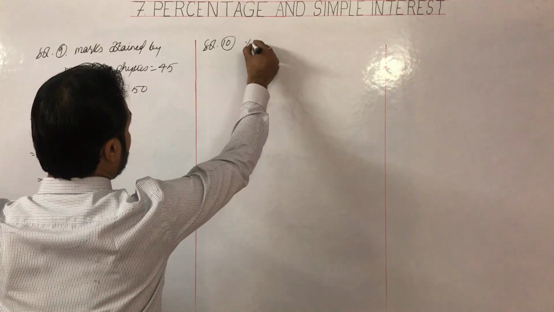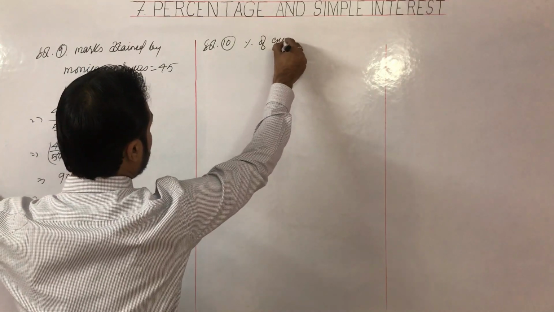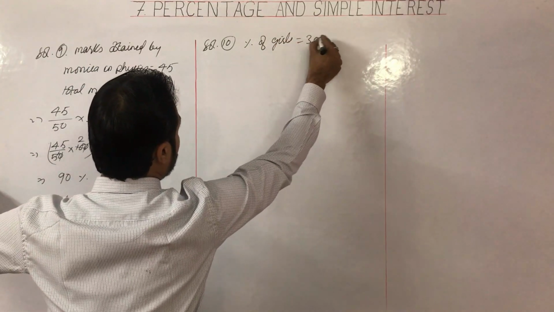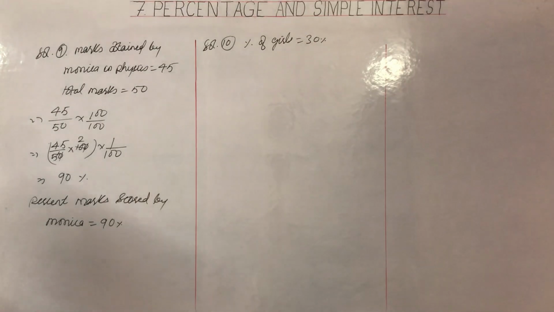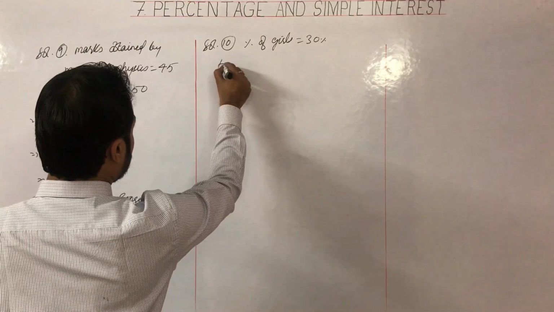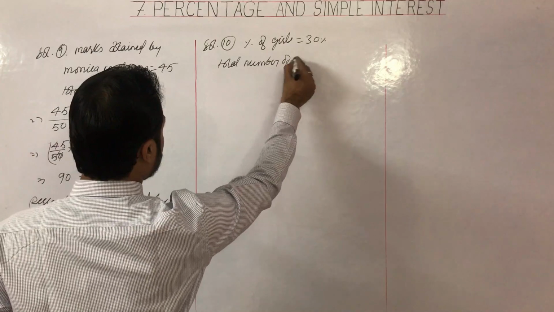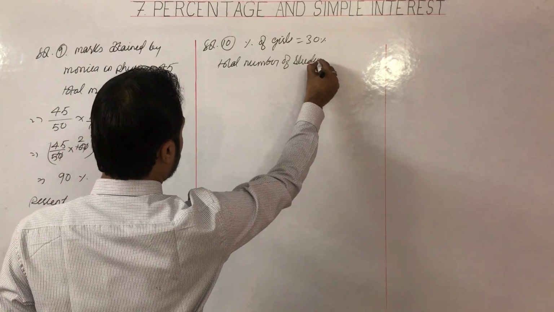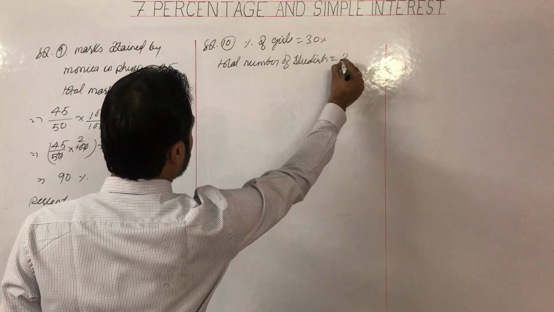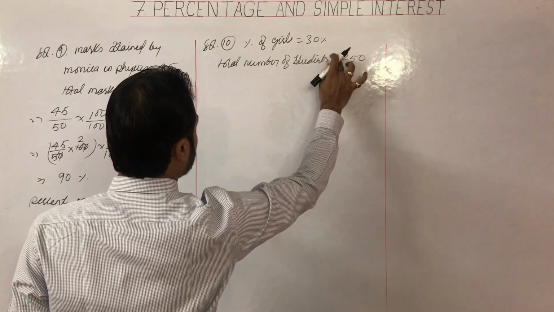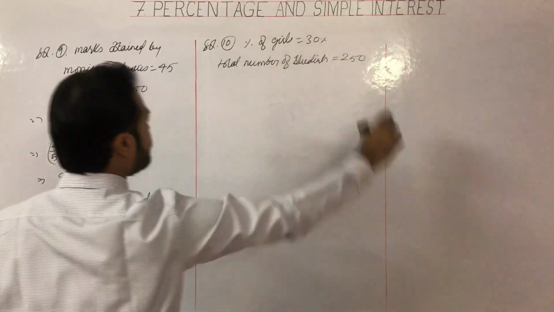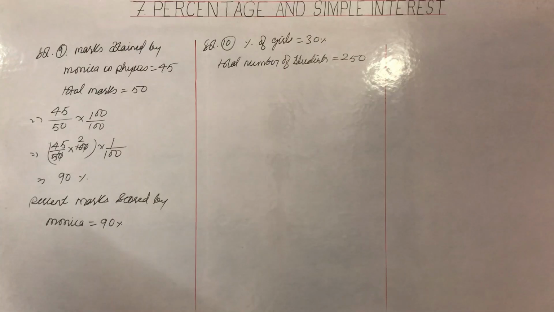So percent of girls equals to 30%. Then second, total number of students in the class 250. So total 250 students are there in the class, and we have to find number of boys and girls.